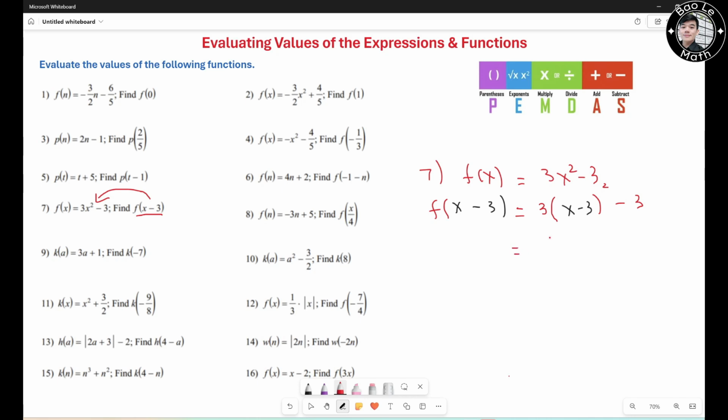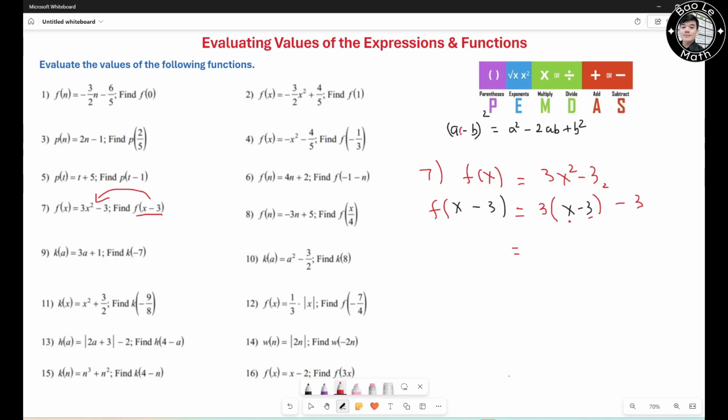Now for s minus 3, you need to apply the complete square formula. A minus b all together squared equals a squared minus 2ab plus b squared, where a is going to be s and b is going to be 3.